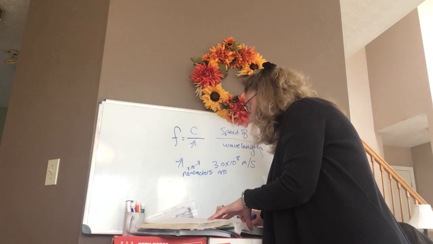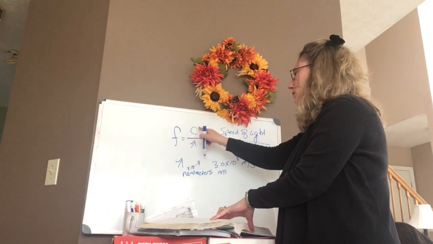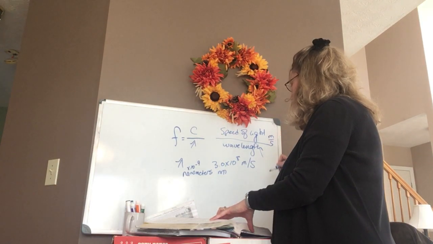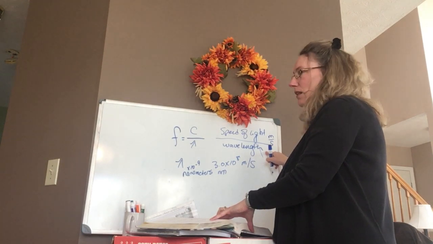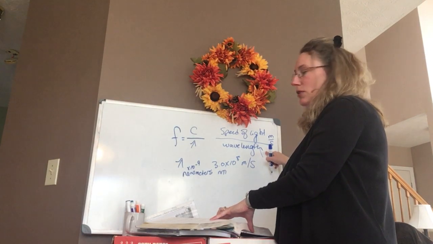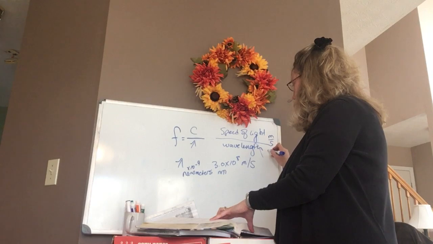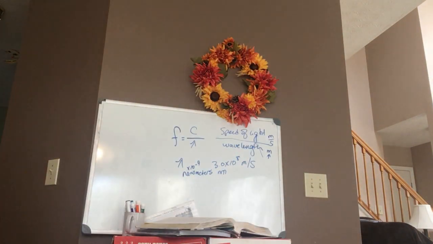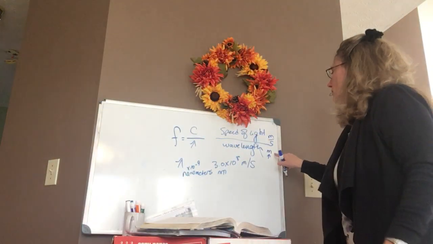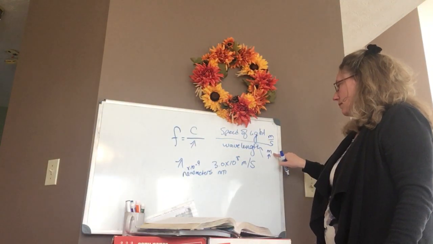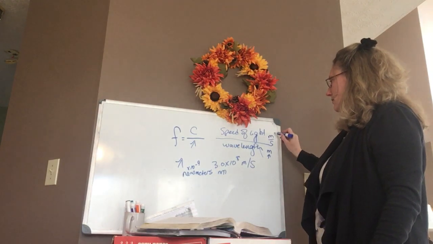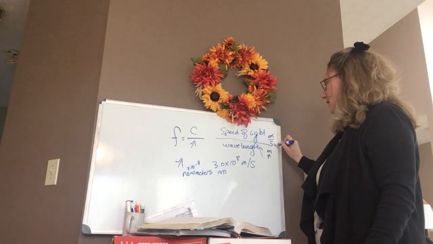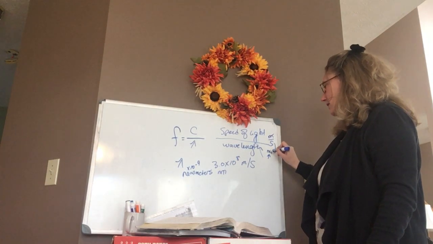So, example 7.2 says if we know that frequency equals the speed of light, which is in meters per second, and wavelength, they give it to you in nanometers, but you're going to have to convert it to meters. So you have to make sure that that's meters also. Then you have meters on the top, and seconds on the bottom of the top, and then meters on the bottom.